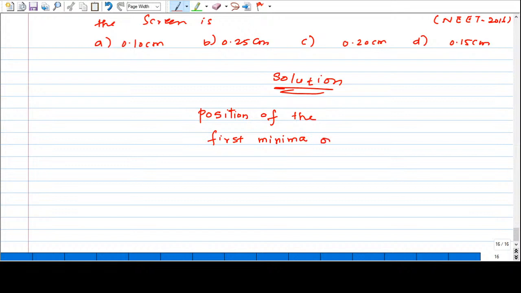First minima on the diffraction pattern is y is equal to lambda capital D by small a. This is the formula. Already we have written.